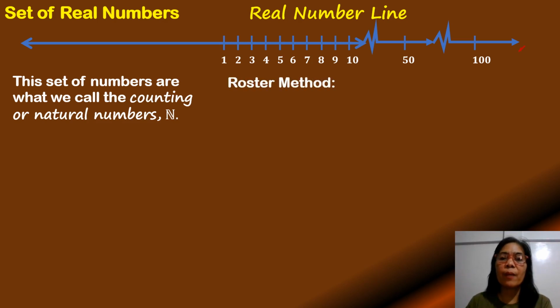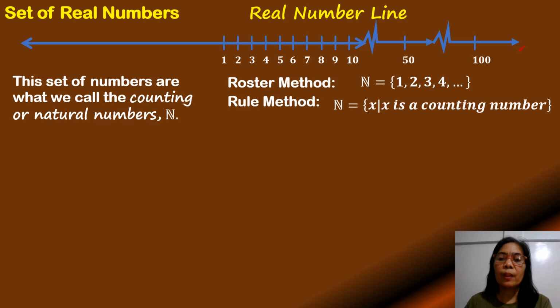Okay, so we now have our set of counting numbers. N is the set containing the numbers 1, 2, 3, 4, and all the other counting numbers after 4. In the rule method, we write N as the set of x such that x is a counting number, or N is the set of x such that x is a natural number.